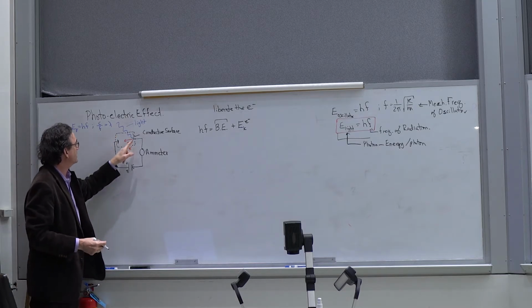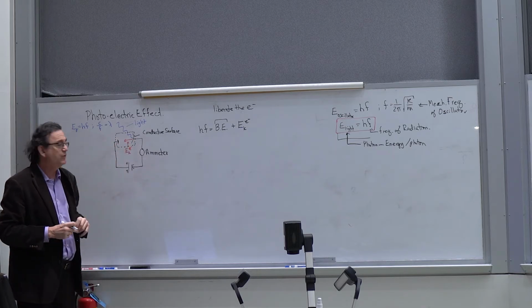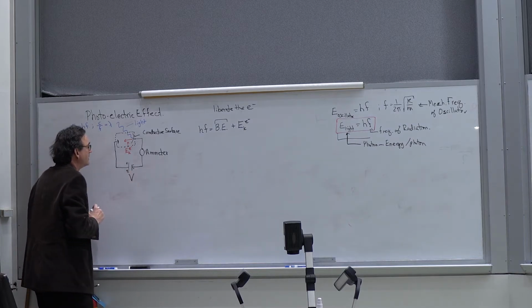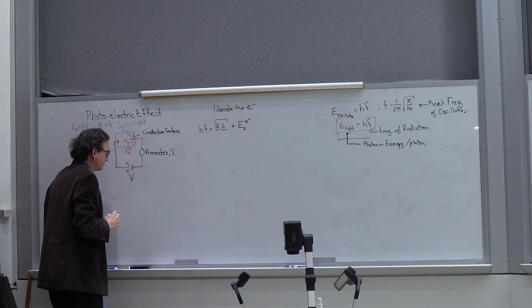We want to measure the electrons liberated from the cathode and arriving at the anode. So we apply a bias voltage, some voltage V. Over here is an ammeter that measures some current I.